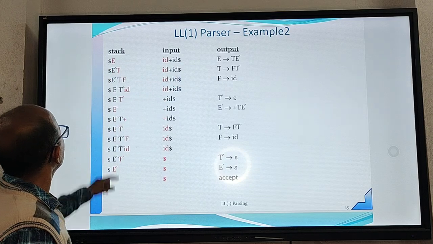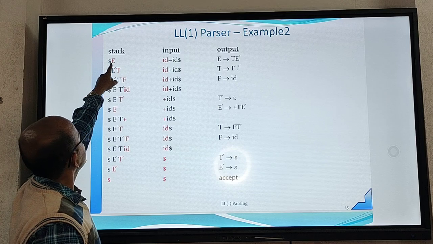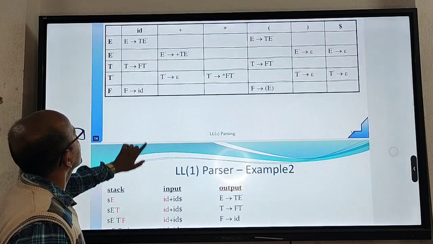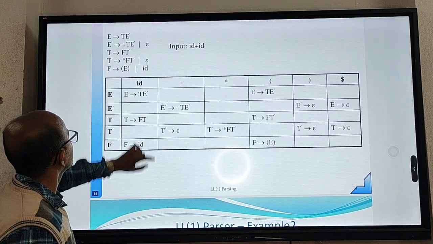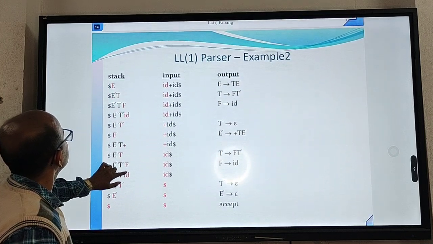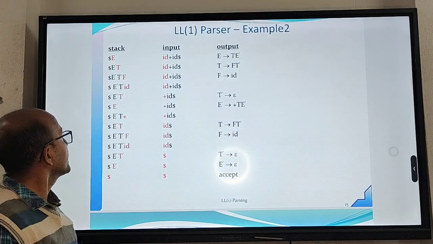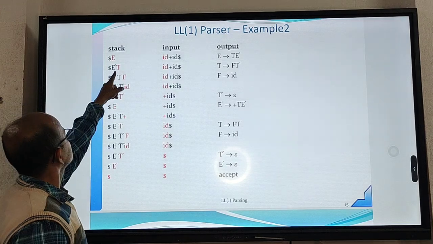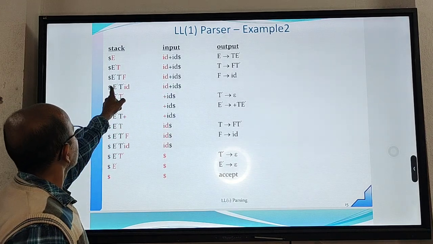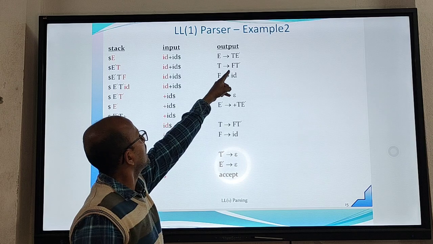Now as per the rule, for capital E and the ID, we have the rule E produces T E prime. So E prime is pushed first and then T is pushed. Now we have T and ID. If we check the table, we have this production rule.